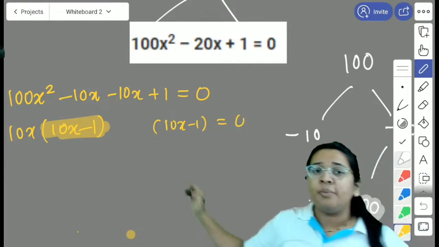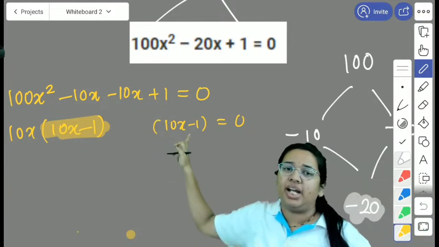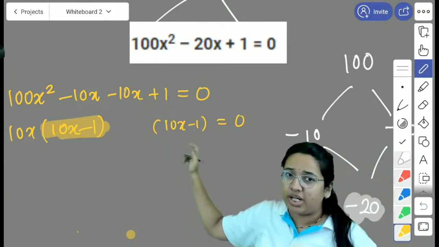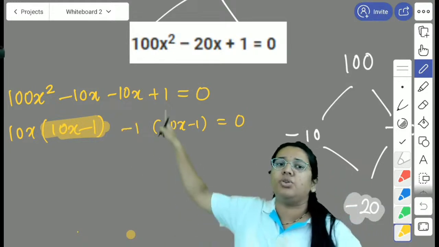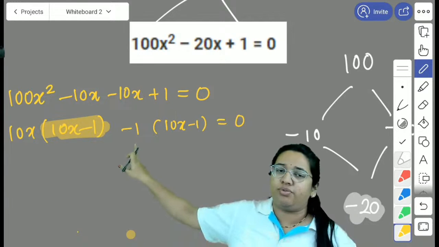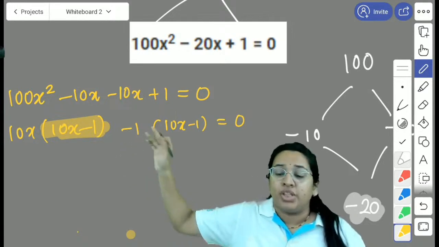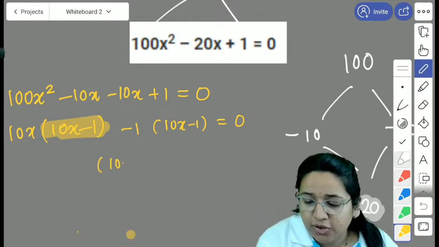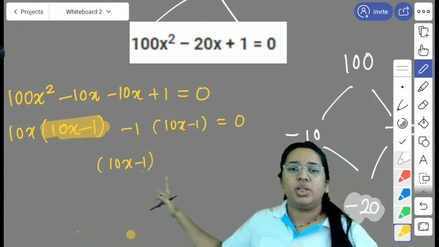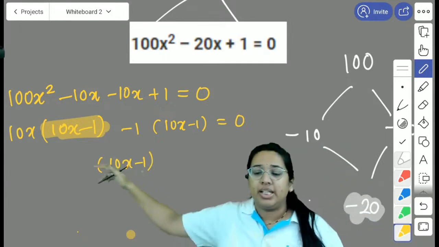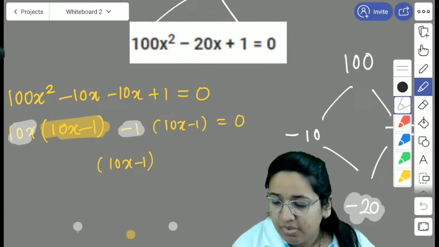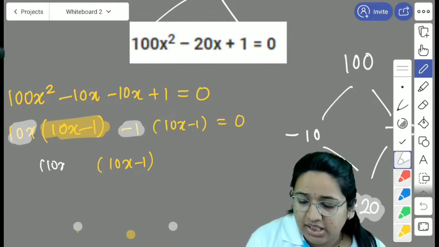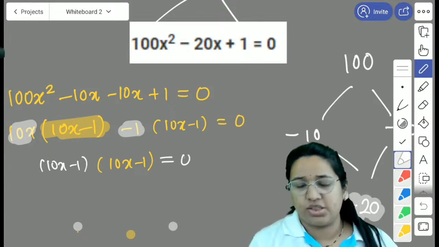Now, I can see there is a plus 1 and we have minus 1 in this bracket. So, I know that minus 1 into minus 1 will give you the answer as plus 1, right? So, I have to consider minus 1 here. Now, the common bracket will be as it is there. From the first term and the second term, I can write 10x minus 1 equals to 0.